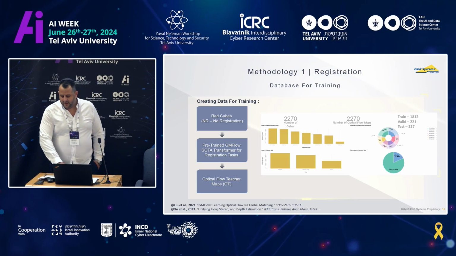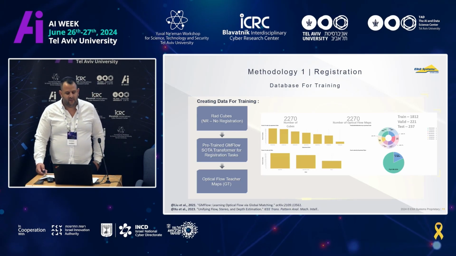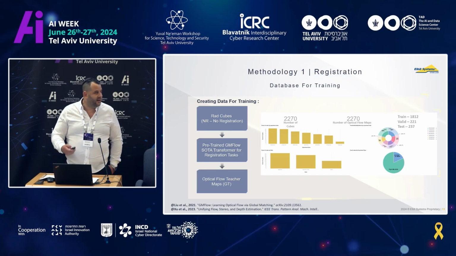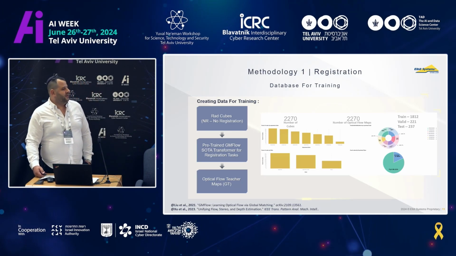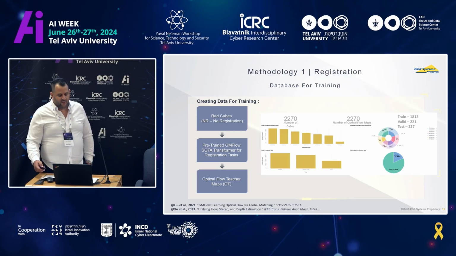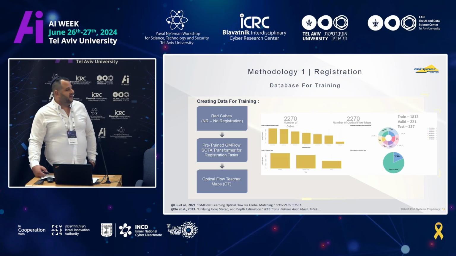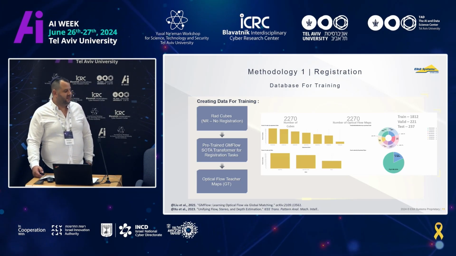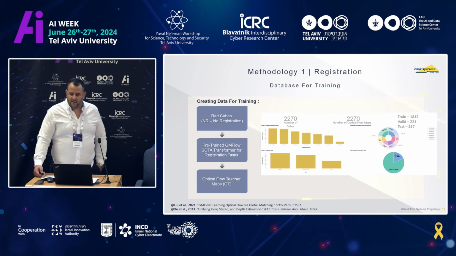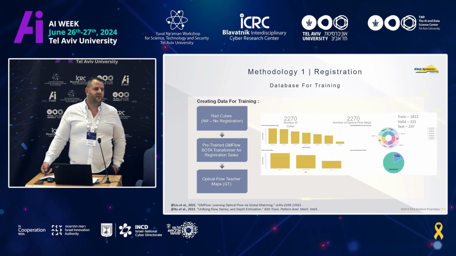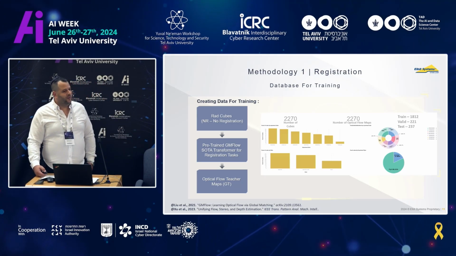We will start with the optical flow task and how we create the database for training. We take the radiance cube without initial registration, and with the pre-trained GMFlow, a SOTA transformer for optical flow tasks, we created optical flow teacher maps that serve as the ground truth in our training.